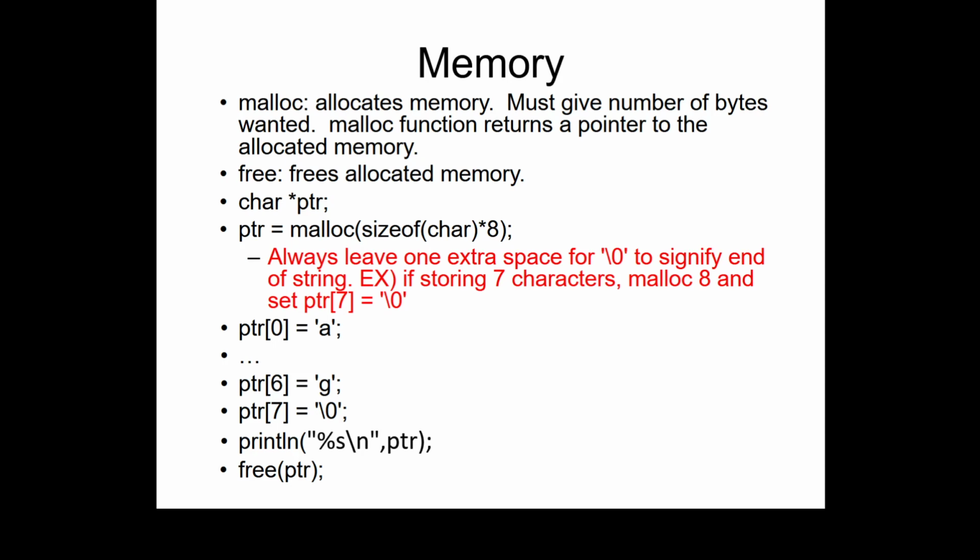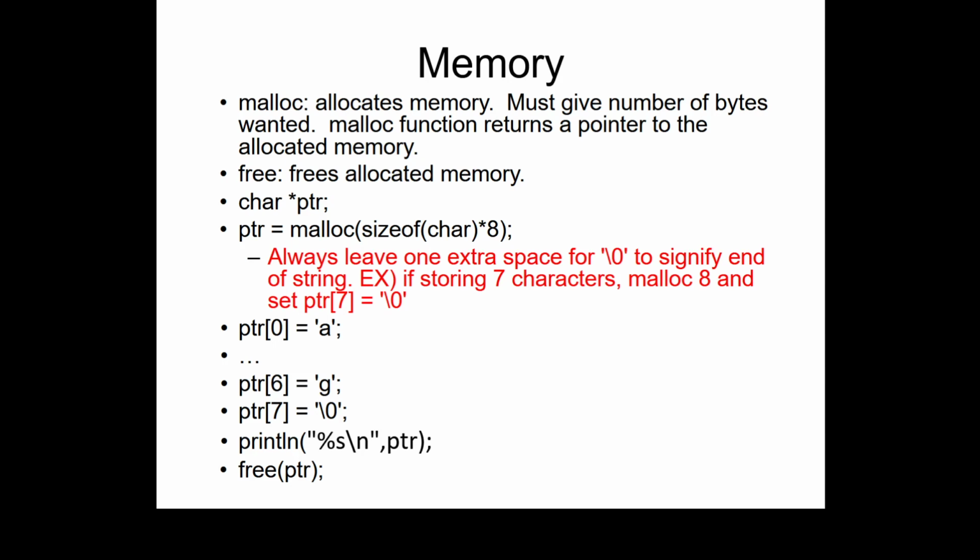Well, to deal with this, there is a malloc function in C. So malloc is a memory allocation function, and it allows you to dynamically set aside a chunk of memory with a variable size. So when you do this, in this case I use the number 8 here, but let's say that you weren't sure exactly how much memory you needed.